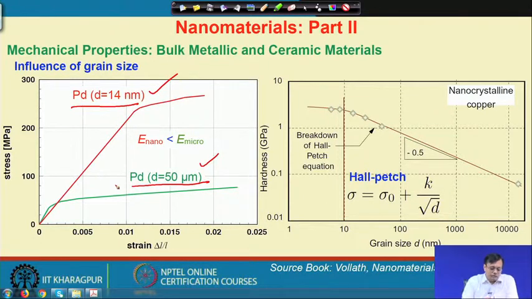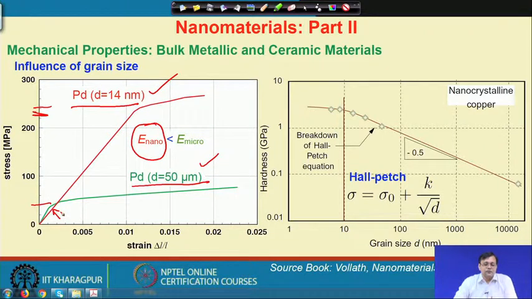The unique observation here is that the strength is definitely low for the microcrystalline one, as per the Hall-Petch equation that we learned a few minutes ago, and the strength of the nanocrystalline palladium is very high. So, here it goes from 30 up to 250 or so.